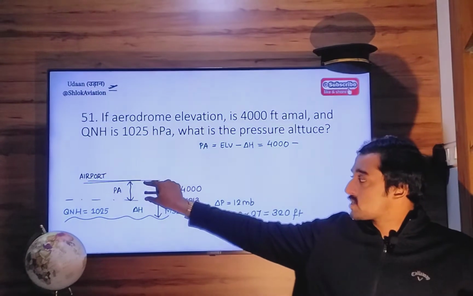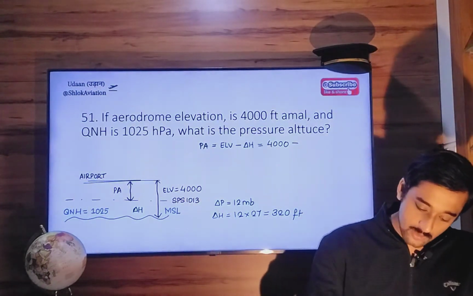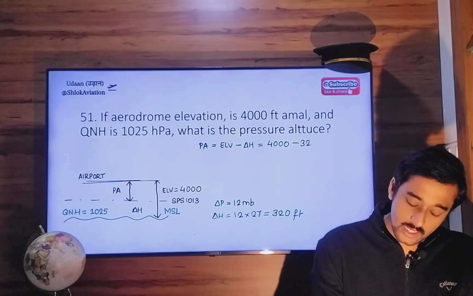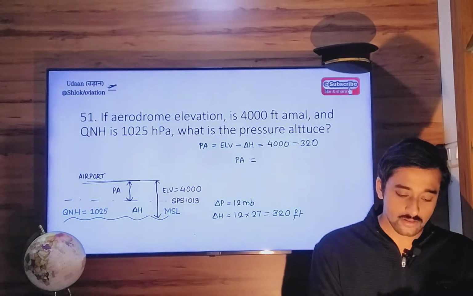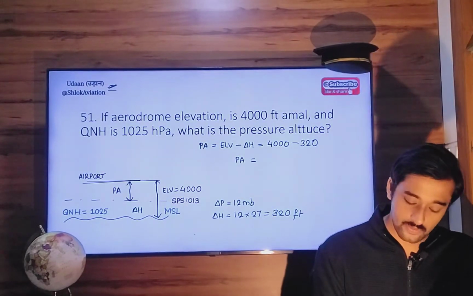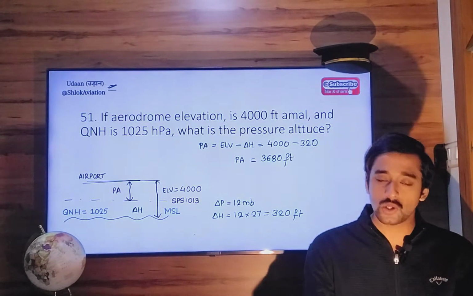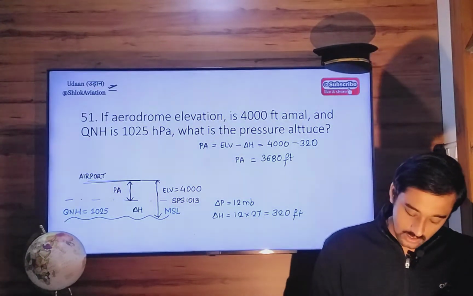So pressure altitude is nothing but this big height minus this height difference. Substitute the values. 4000 minus 320, pressure altitude will be 3680. Okay, so select a value which is close to this answer, 3700 something.